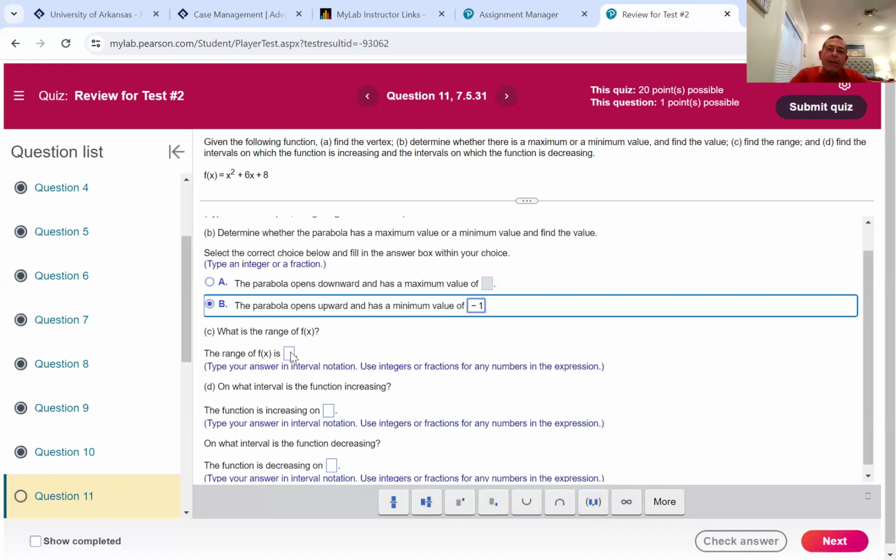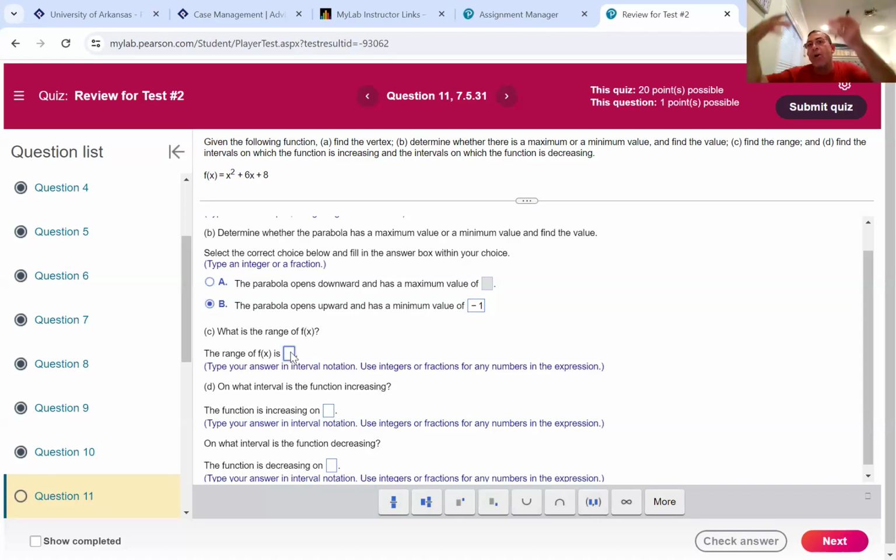Now, the range, I always start from the bottom and go up. So I start with the minimum value I had on mine, which was -1, and then it's going to go up to positive infinity. Now, y'all listen, if yours is flipped over and you got a max, going from bottom up, you're going to start from -infinity and go to whatever your Y value is. But mine's a minimum. Now, listen, you got to put brackets around the number on the range.